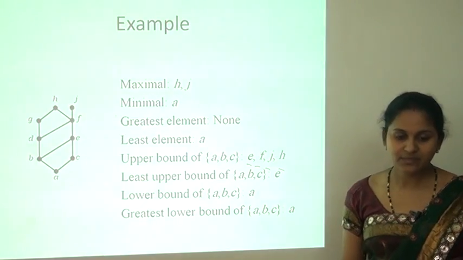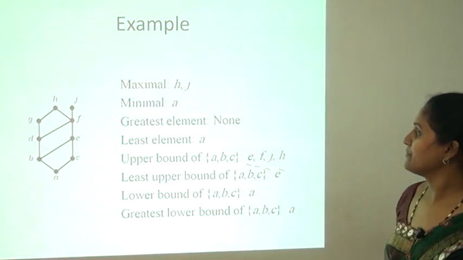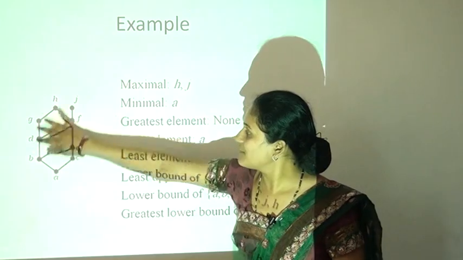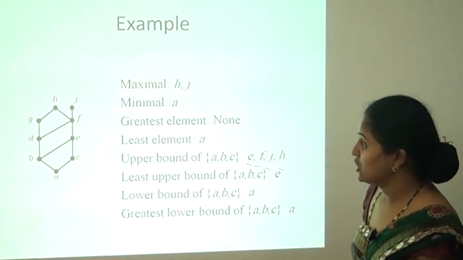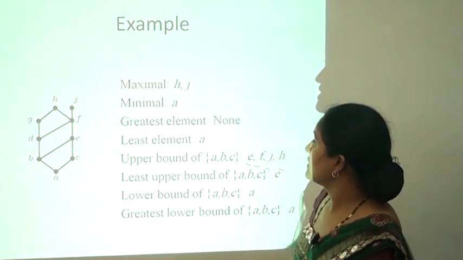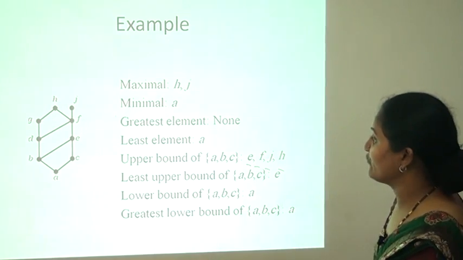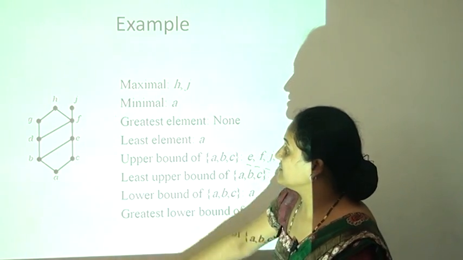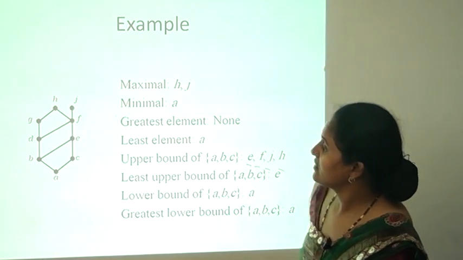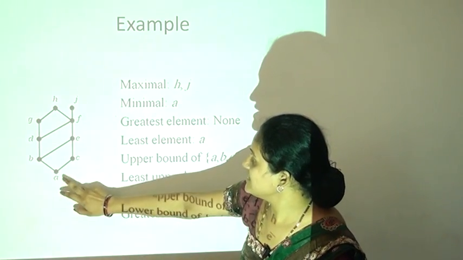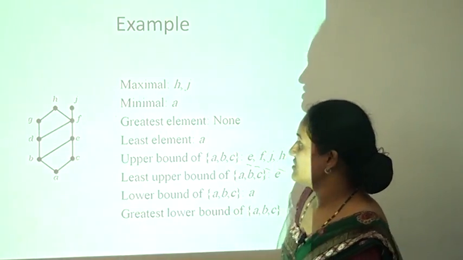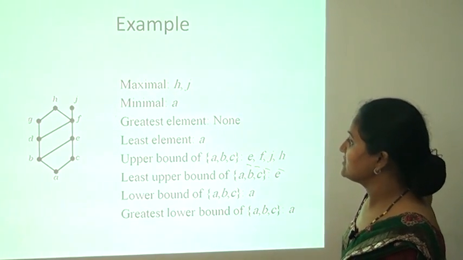Okay, let's see this example. Here this is a complicated example, with many more points. So we have to find all these things, whatever we have studied till now, in this graph. There are A, B, C, D, E, F, G, H as the points in this graph.